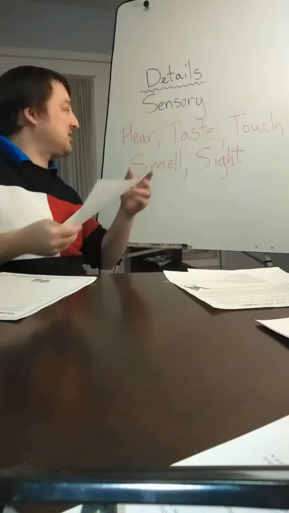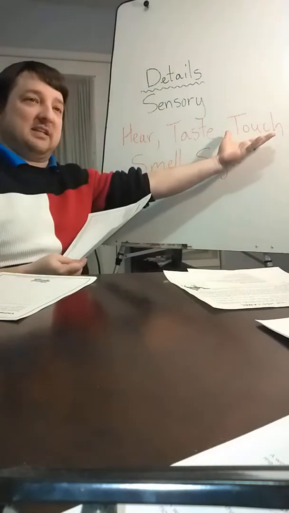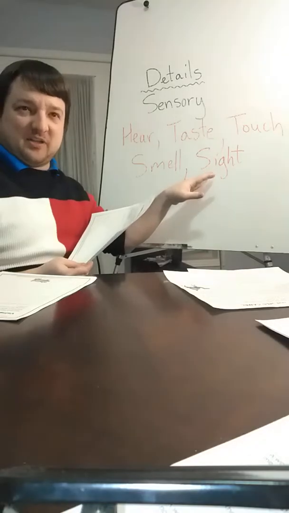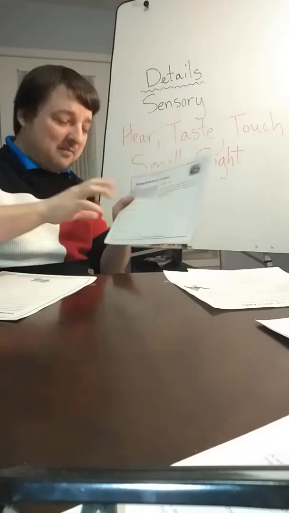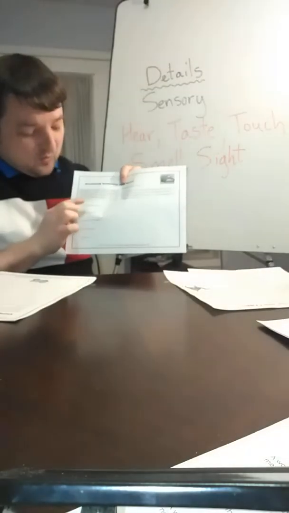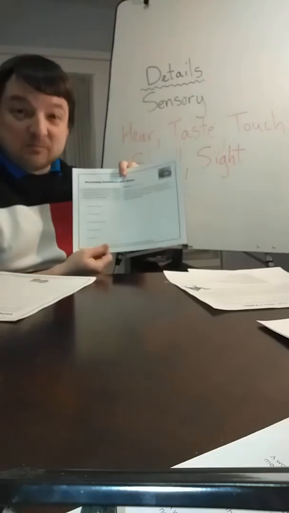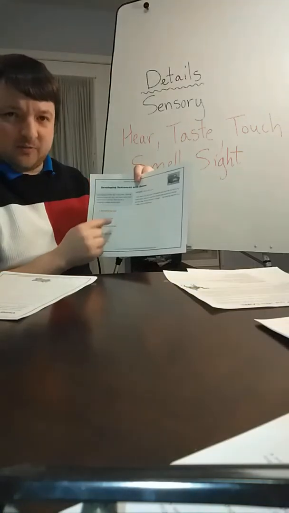So we have a lot of smell there, but we also have a lot of feeling, right? And we can see some of the details as well. We don't have to do that much, but I have here 5 example sentences. I want you to add more sensory details to these simple sentences. So, we enjoyed the meal.